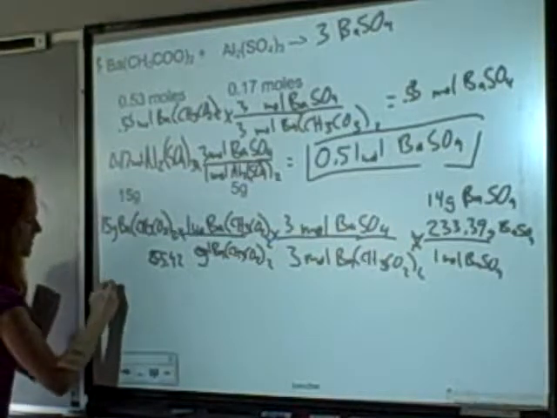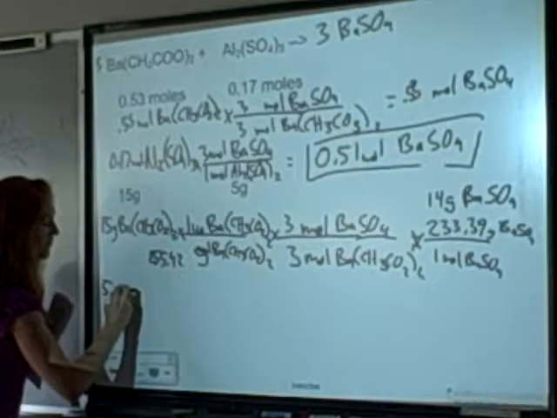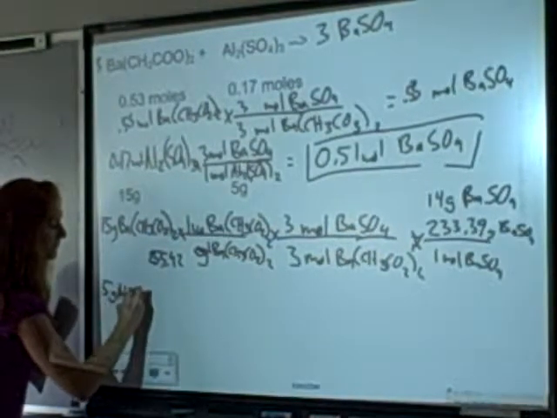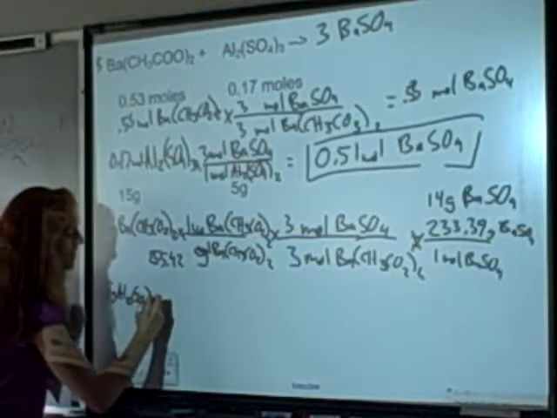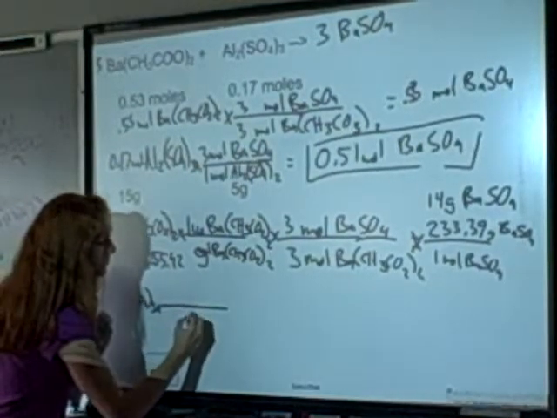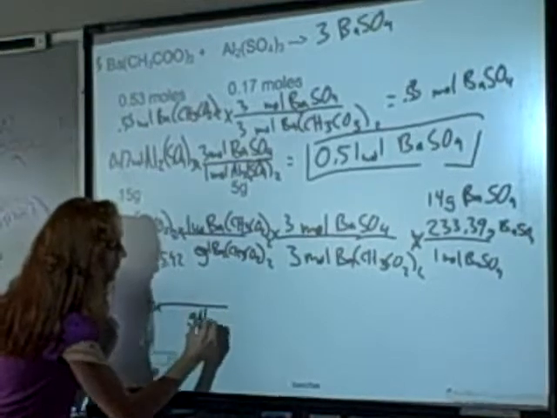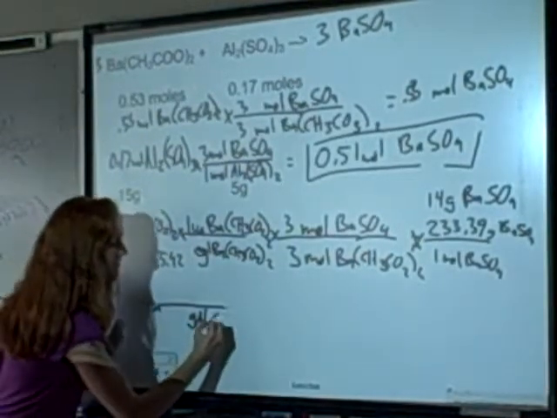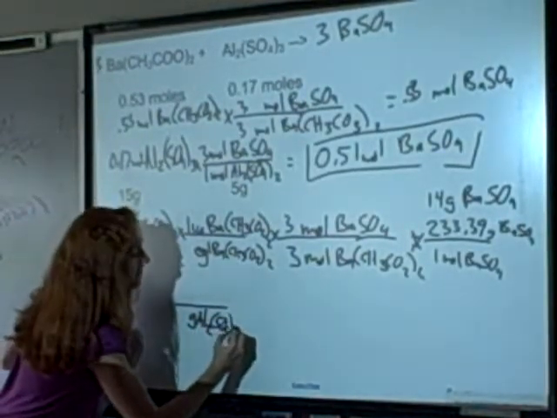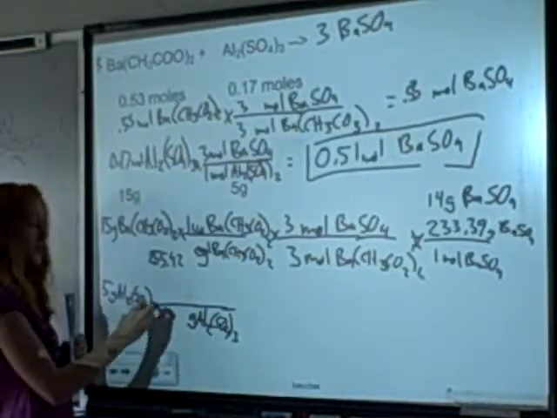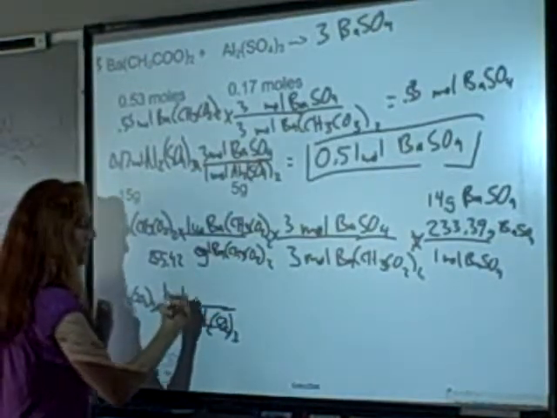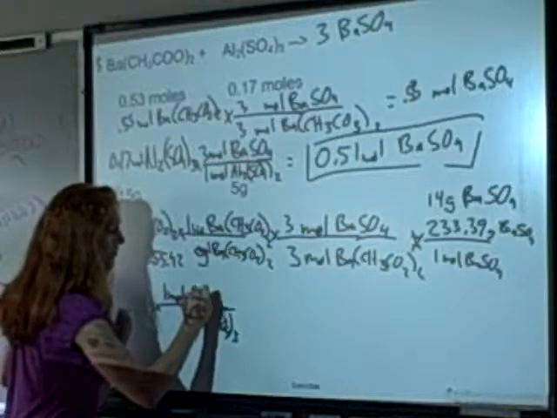There's 5 grams of aluminum sulfate. I have grams of aluminum sulfate, so that goes on the bottom. Okay, so I'm going to go from grams to moles. I'll find out, using the molar mass, how many grams there are in 1 mole of aluminum sulfate.